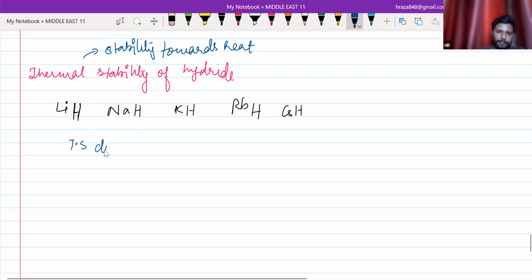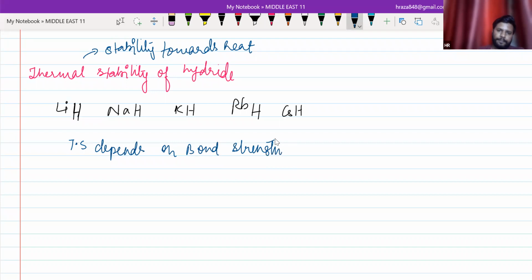Thermal stability depends on bond strength. So the lesser the size, the stronger the bond. That's why the order will be like this. Is that clear?